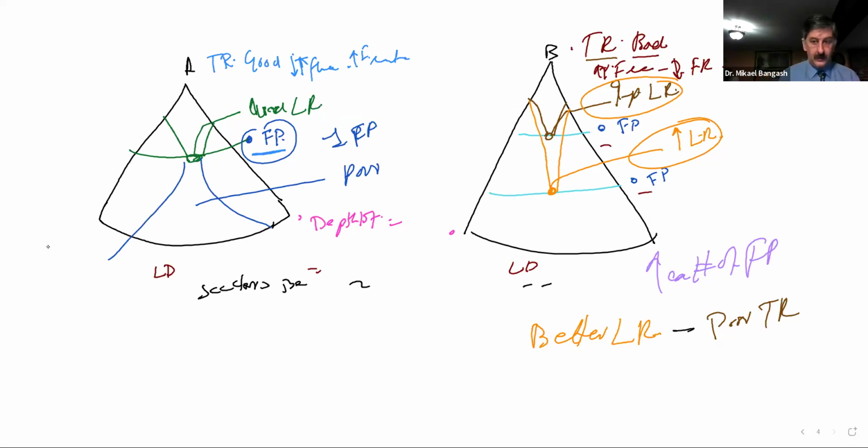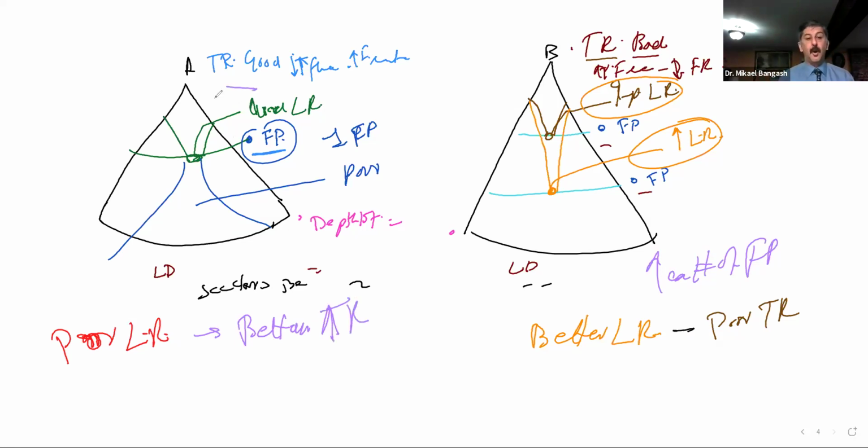We actually end up having a relatively poor lateral resolution, mainly because we just kept one focal point. But what that was going to lead to is that our temporal resolution was going to be good, or better than what we had over here.